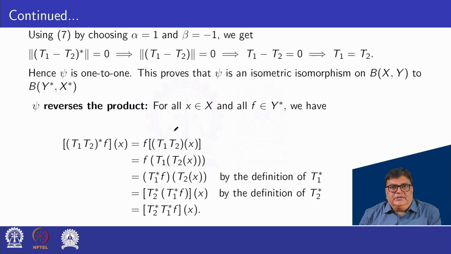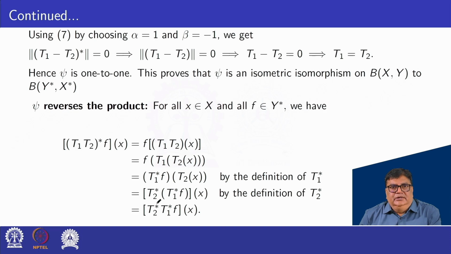That is, this can be written as f(T1(T2 x)). Again, this can be written as (T1* f)(T2 x). Okay. Again, we apply the adjoint of T2, T2*. So this can be written as T2*(T1* f)(x).